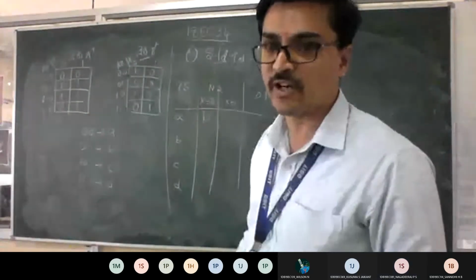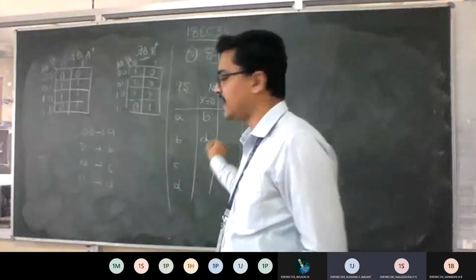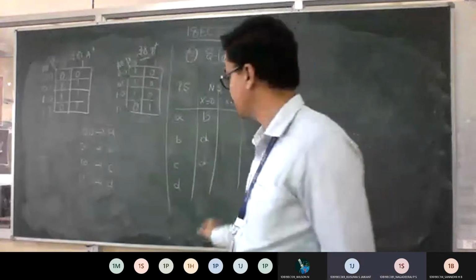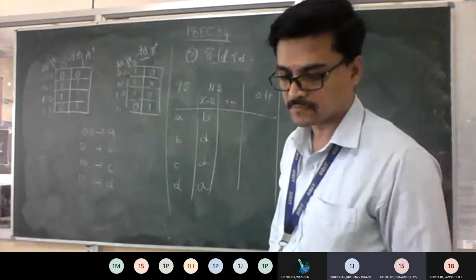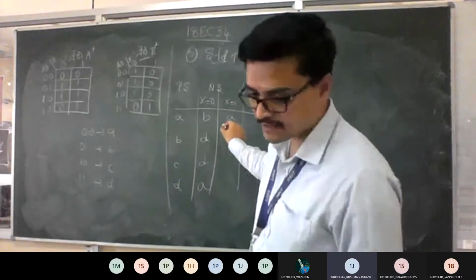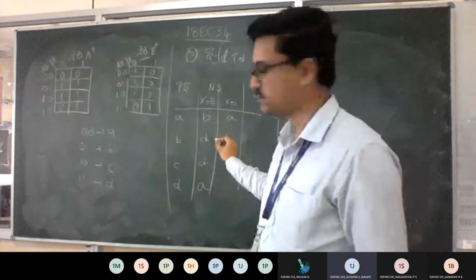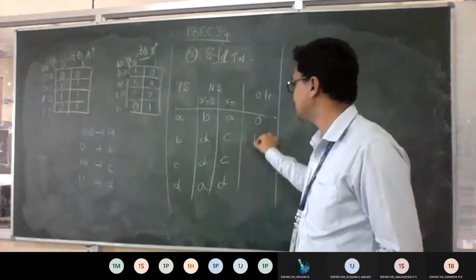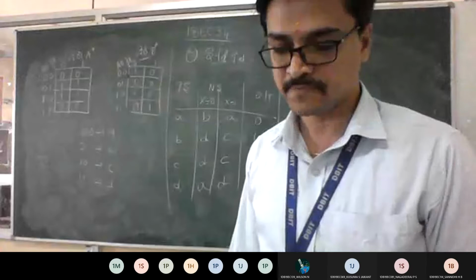You fill only x equal to 0. D, D, D, A. Good. Now x equals to 1. A, C, C, D, C. C, C, D. Okay? And this remains the same. This is your output part that remains the same. We can't change that because the formula is already fixed.